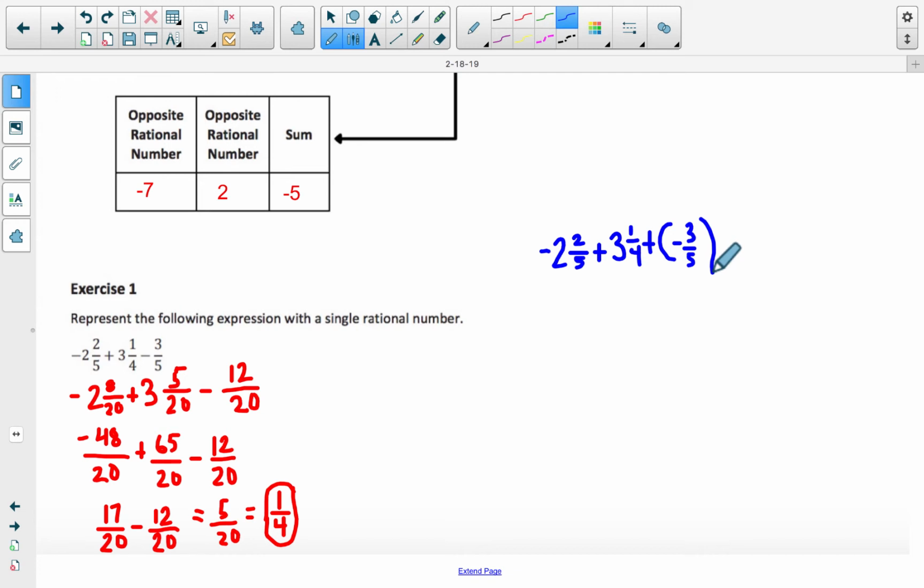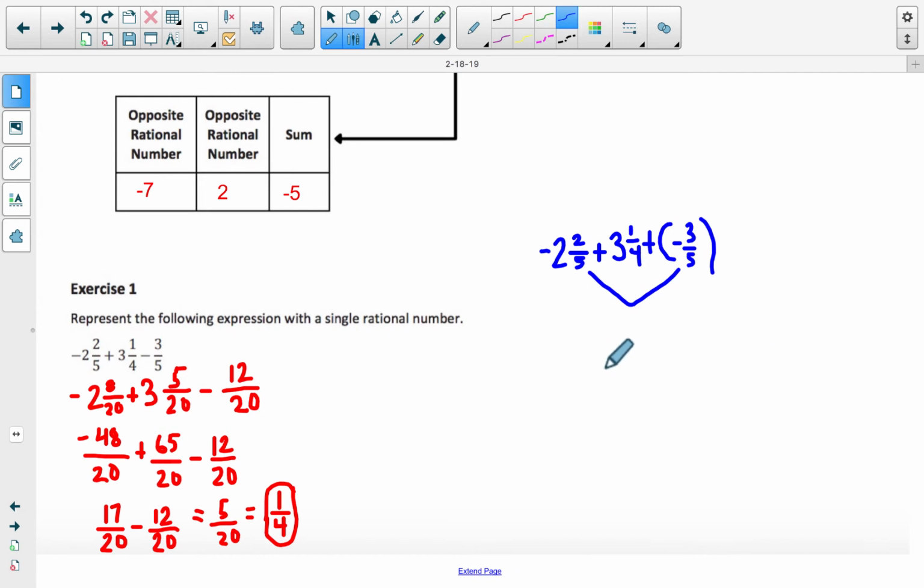Now, a big strength in this, you can add numbers in any order. So what I'm going to do is I'm actually going to add these two. Now, if you're asking why, the simple answer is they already have common denominators. So it's a lot easier to put those together.